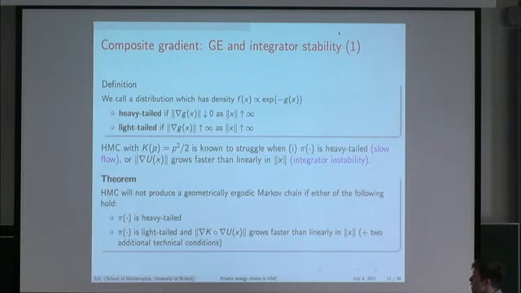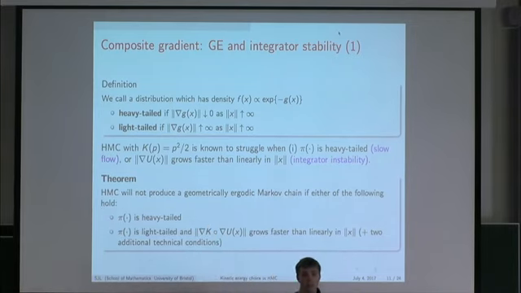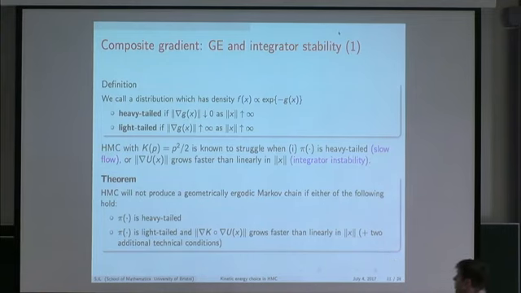And we have the following natural generalization: it's when this composite gradient grows faster than linearly that you're going to run into these numerical problems. This is natural because when k is just a quadratic function, then grad k of p is p, so it's just the identity map, and I recover the original theorem that it's the gradient of u that I should look at. So in general, it's this composite gradient that you want to look at.